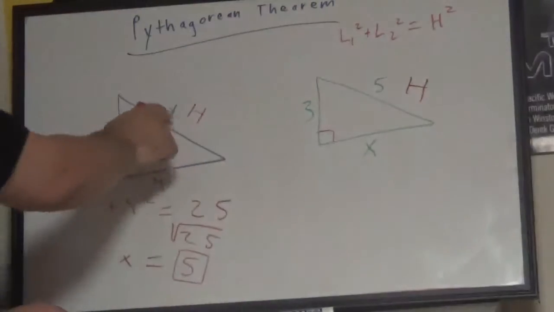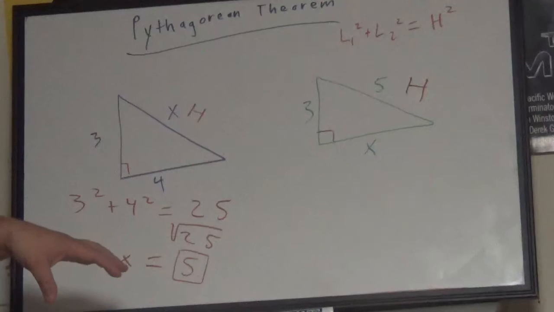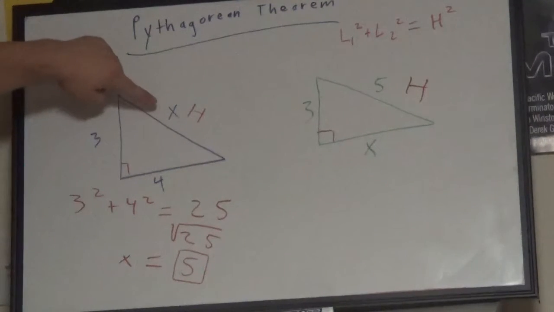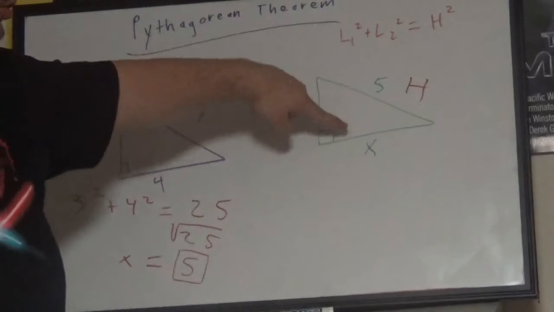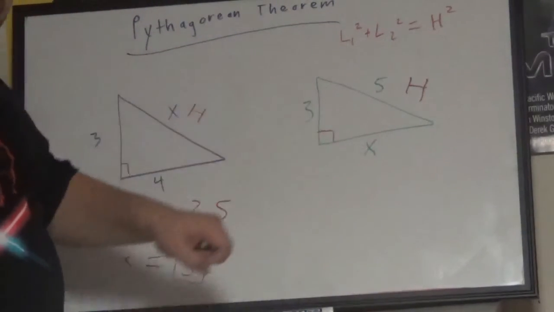We know it is because it was on the other one too. Here we have the hypotenuse. When we have the hypotenuse, we're subtracting. What we're really doing is setting up and solving an equation, but we just wind up subtracting. I always like to tell students, if you're trying to find the hypotenuse, you add. If you are trying to find a leg, namely if you have the hypotenuse and you're trying to find a leg, you subtract.